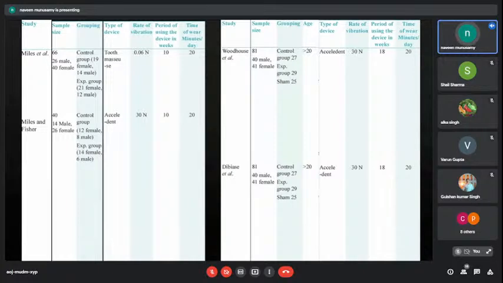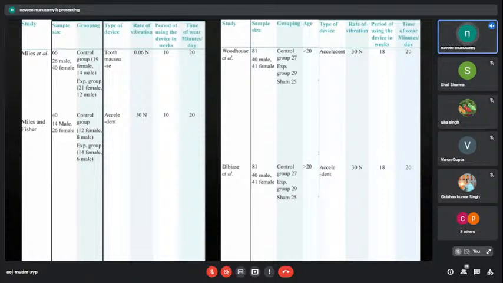Every researcher is using a different methodology. As you can see in this meta-analysis, most of the appliances were used for different time periods, with different types of frequency and different types of force. So it was difficult to combine the data for meta-analysis.